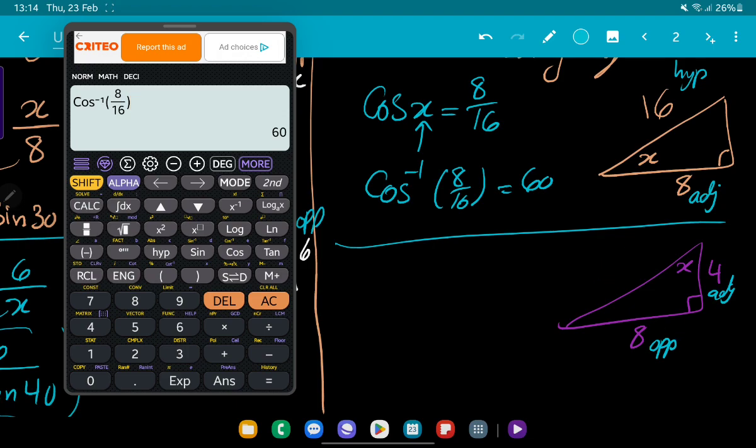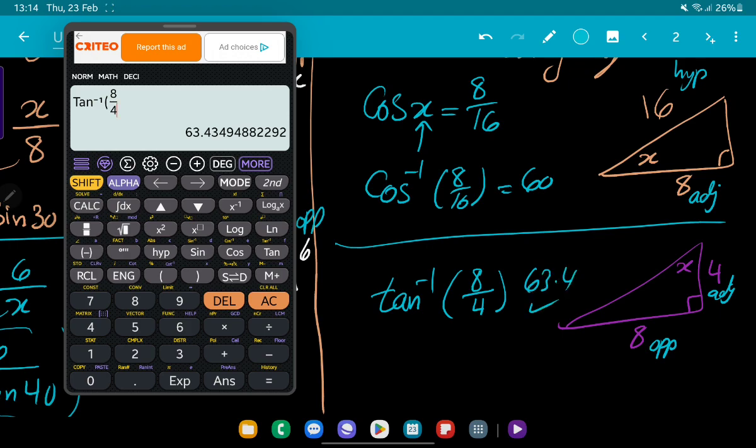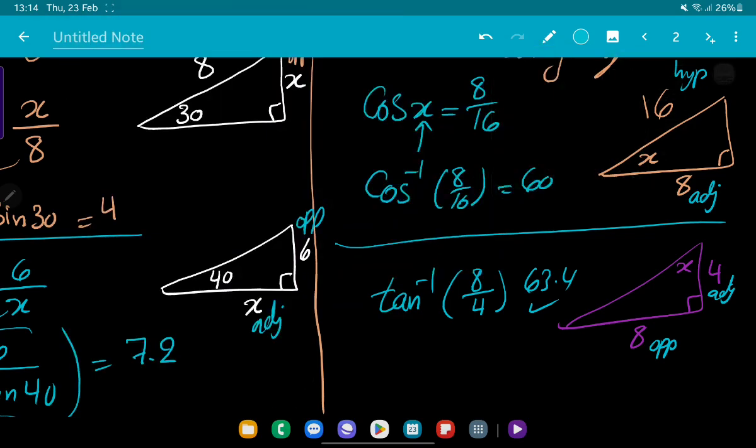Adjacent with opposite, the angle is missing, so we use shift. So it's shift tan 8/4. Shift tan 8/4. It's 63.4. So this is everything about how to find a missing side and a missing angle.